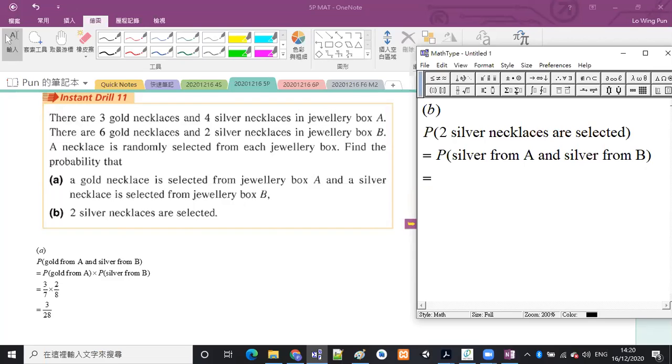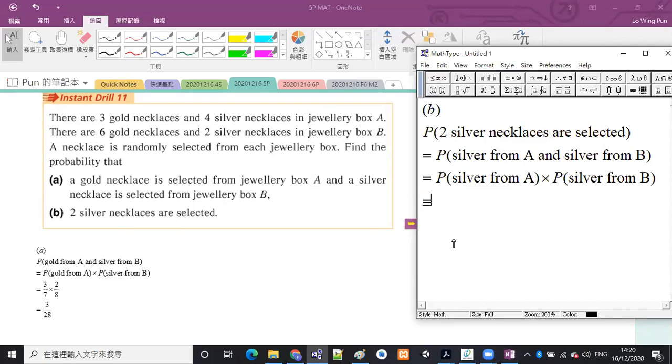So we can separate them. P silver from A and then times P silver from B.